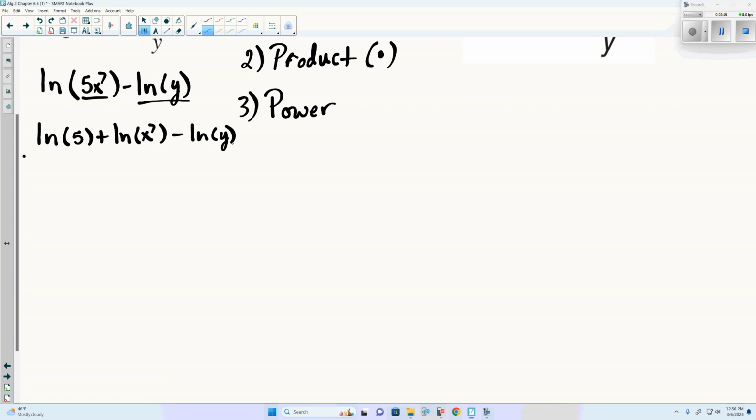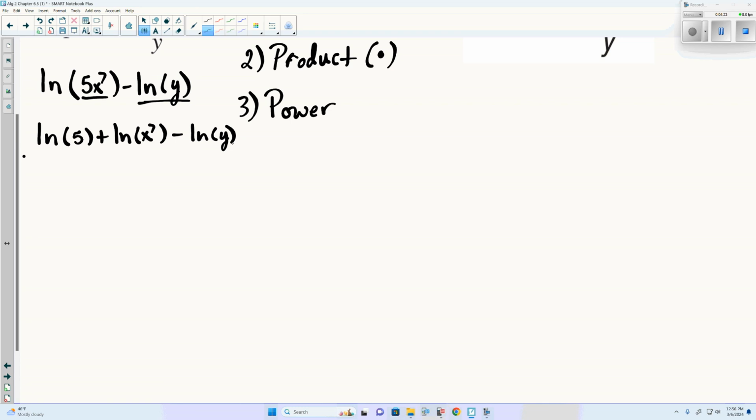Because even though the general definition has log base b, this is the same with natural logs. All the properties still hold true.